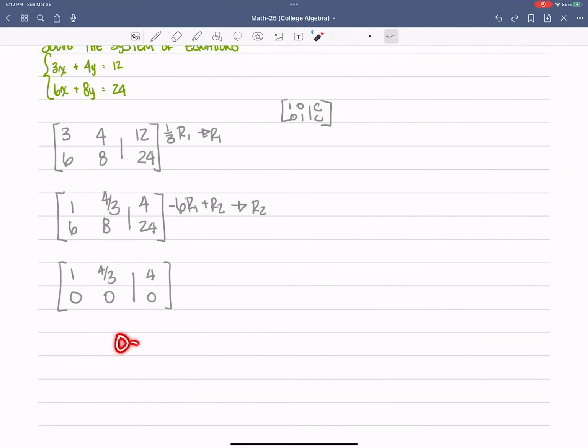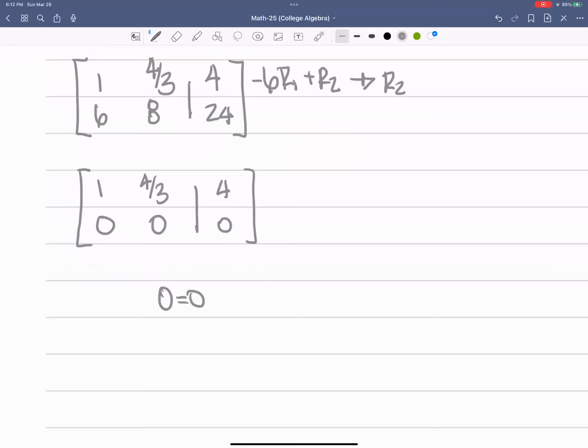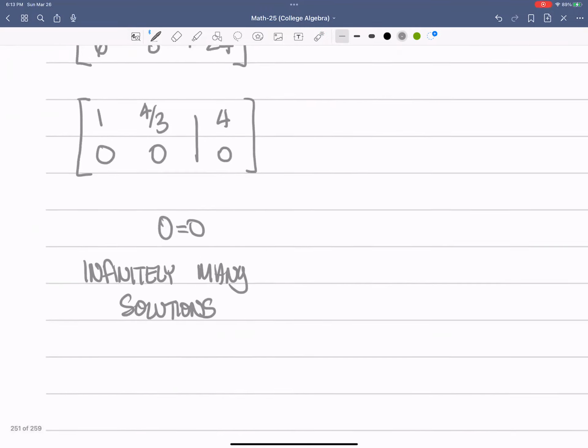But here we have 0 is equal to 0. So that tells us that we have infinitely many solutions, which means we are dependent.